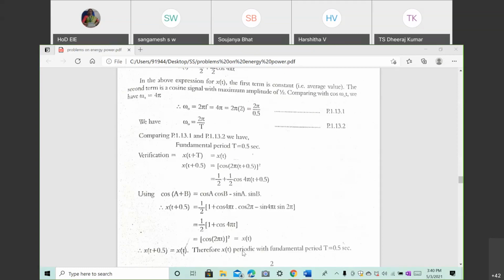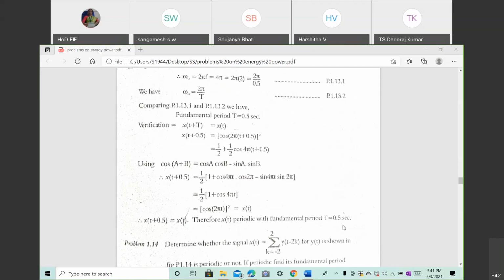That means x of t is equal to x of t plus T, or x of t plus 0.5. As per our periodicity, x of t plus T, or x of t plus 0.5 in this problem, should be equal to x of t. Therefore, x of t is periodic with the fundamental period T equal to 0.5.